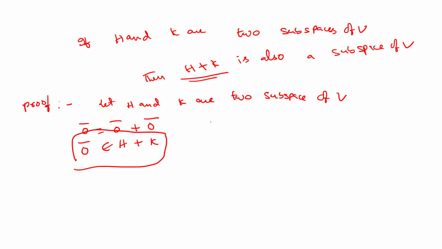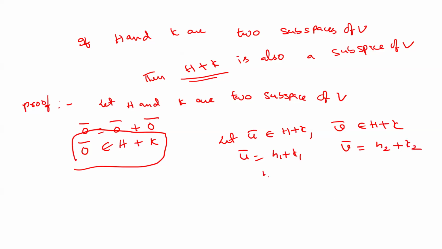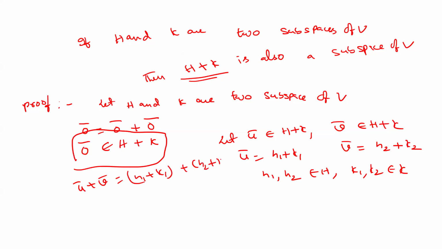Let us take two elements in H plus K. Let us take u bar in H plus K, and v bar in H plus K. So u bar in H plus K means it is of the form H1 plus K1. v bar in H plus K means it is of the form H2 plus K2, where H1, H2 belong to H and K1, K2 belong to K. Next, u bar plus v bar, that is H1 plus K1 plus H2 plus K2, that is H1 plus H2 plus K1 plus K2.